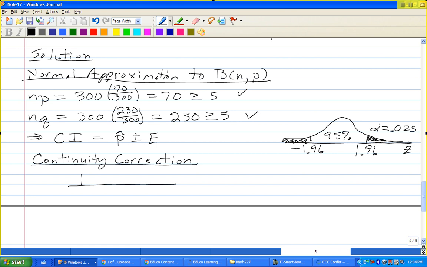For this end, you would subtract a half. For this end, you would add a half, to the successes.